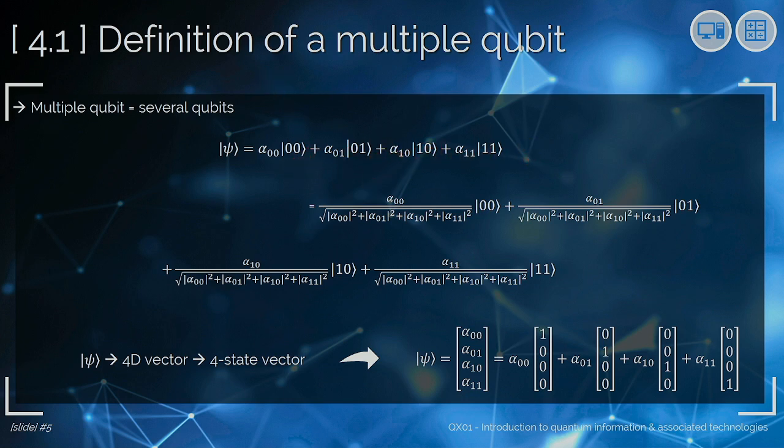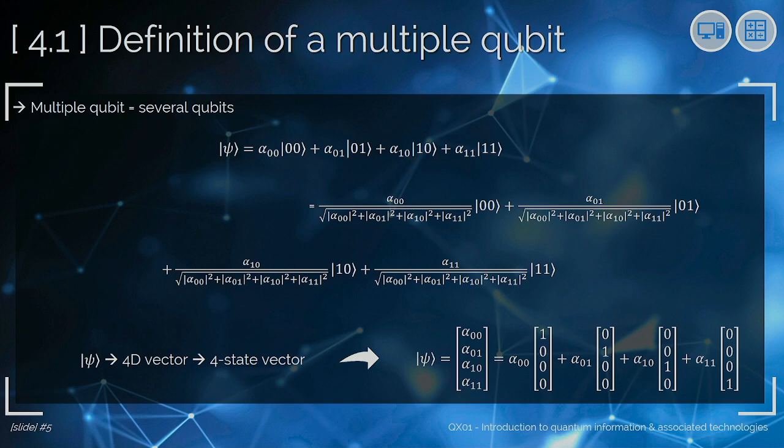Now, as we're dealing with quantum technologies, we have the quantumness of it, which is to have all these possibilities in one go in a superposition state of all these 4 possibilities, with coefficients alpha 00, alpha 01, alpha 10, and alpha 11.